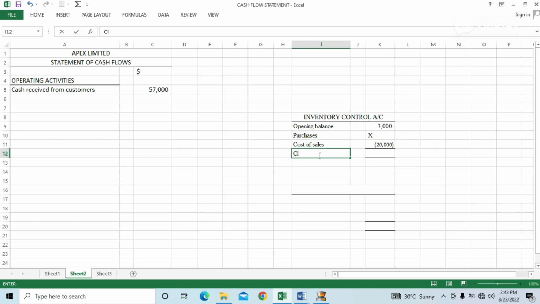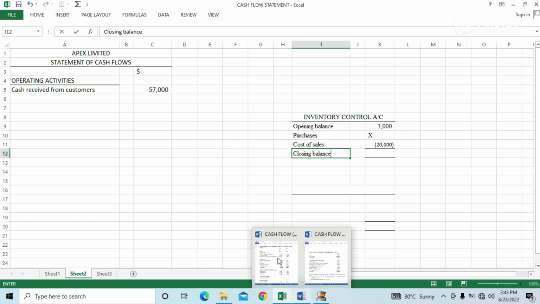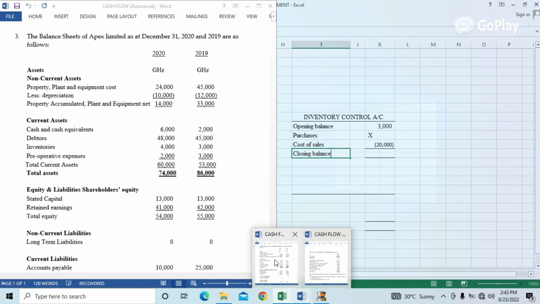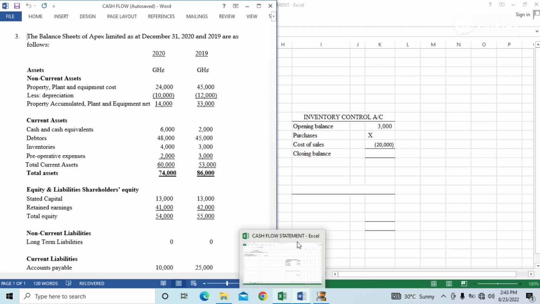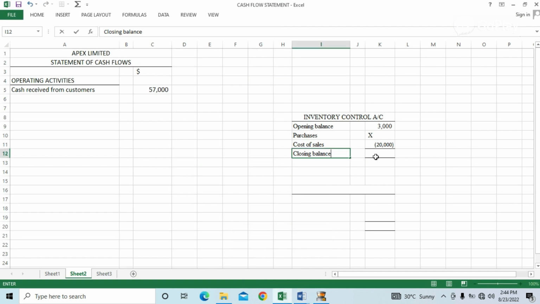How much was the closing balance for the inventory? Let me go to the balance sheet for 2020 and let's see. So inventories 2020, the amount was 4,000. So it means that the closing balance is 4,000. So I'll go back to my Excel and write 4,000 here. So the inventories is 4,000 for the closing balance.